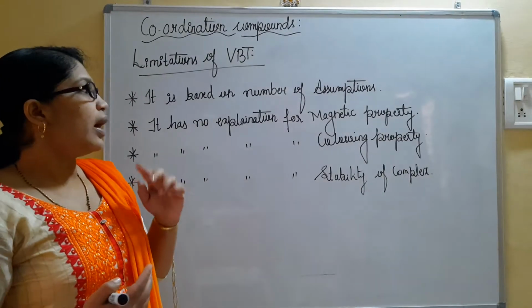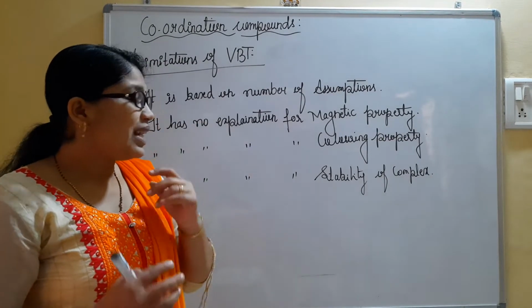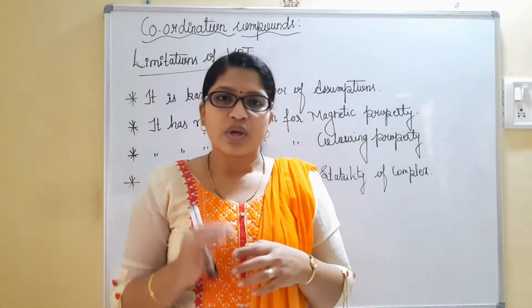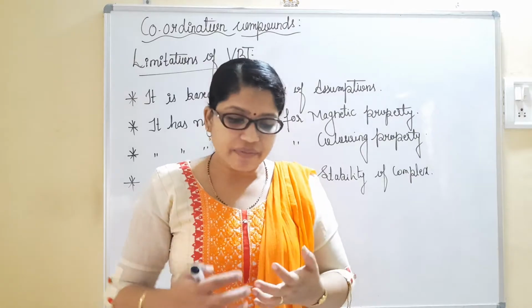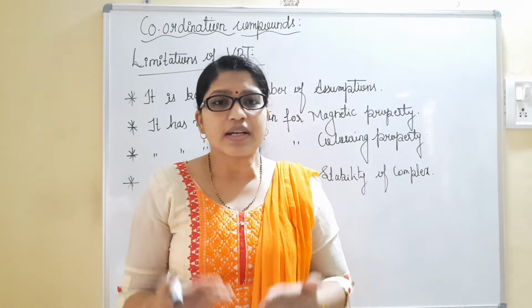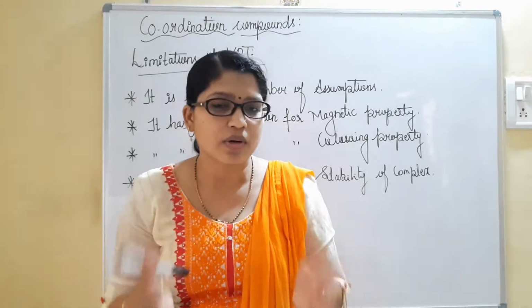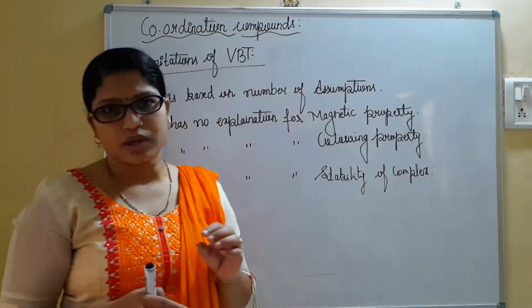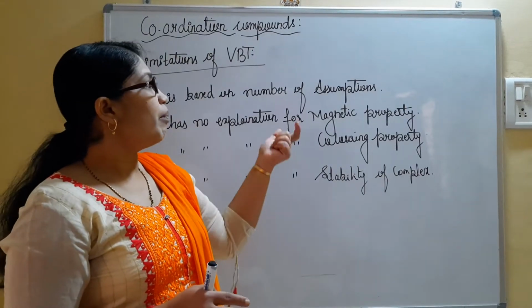It also doesn't give us any reason for the stability of the complex. Whether the complex is square planar or a different shape and geometry, whether it is 100% stable in that case or not, was also not explained by valence bond theory. Then magnetic property.